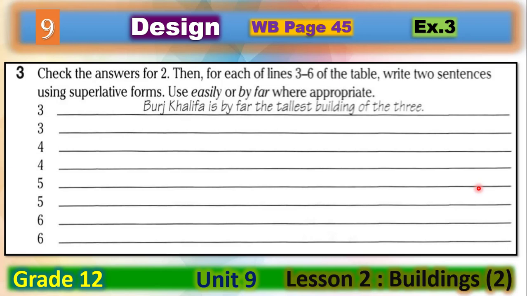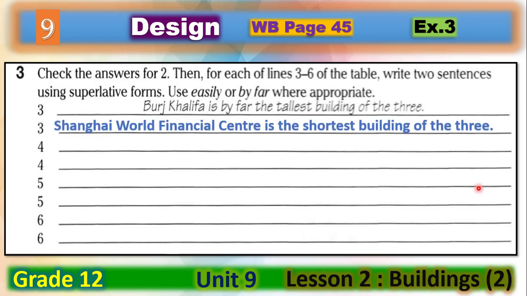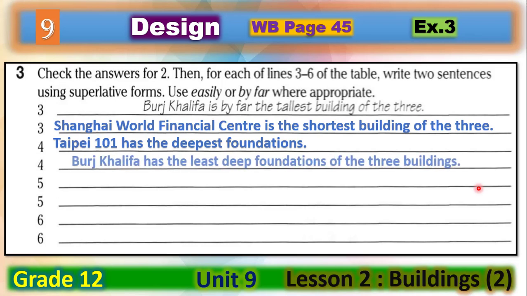Welcome back, my dear students. Now let's check your answers. We can also say Shanghai World Financial Center is the shortest building of the 3. Taipei 101 has the deepest foundations. Burj Khalifa has the least deep foundations of the 3 buildings.